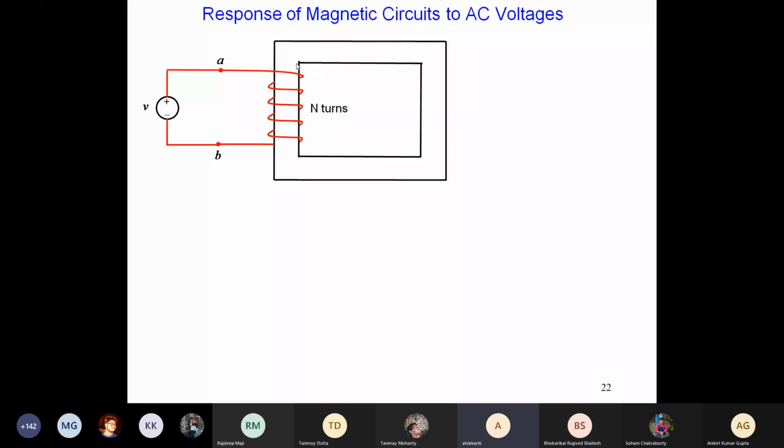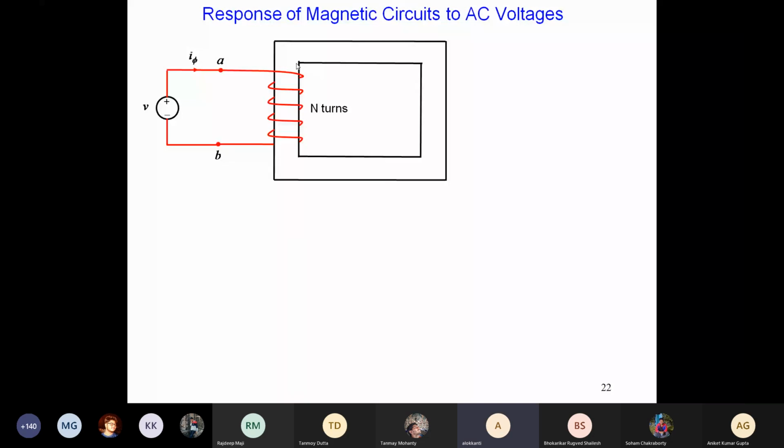We can supply a voltage to this coil, and depending upon the direction of the voltage, obviously there will be a current, which we call I phi. Why have I used the notation phi as a subscript?